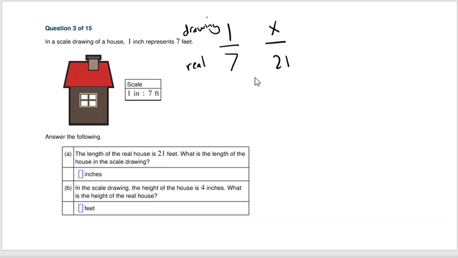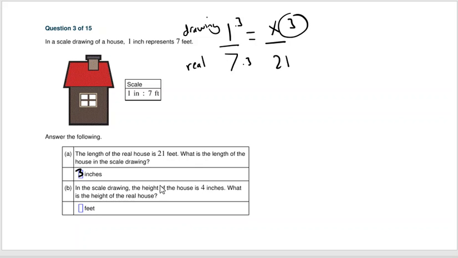What is the length of the house in the drawing? Okay, so to figure this out, we know that to get from 7 to 21, we have to multiply by 3. So 1 times 3 is 3, which means our x is 3. That means the scale drawing will be 3 inches for the length of the house.